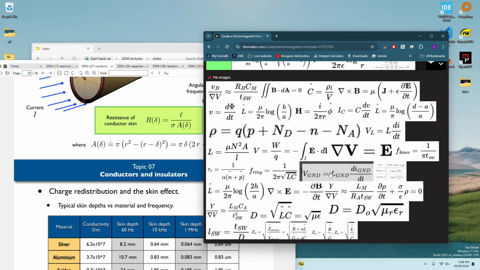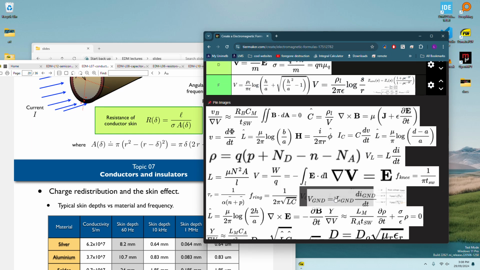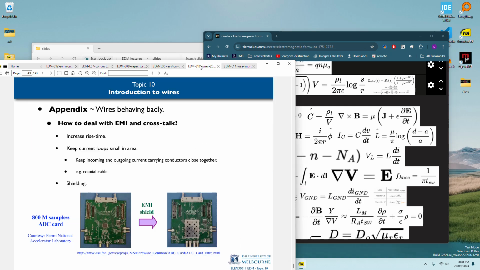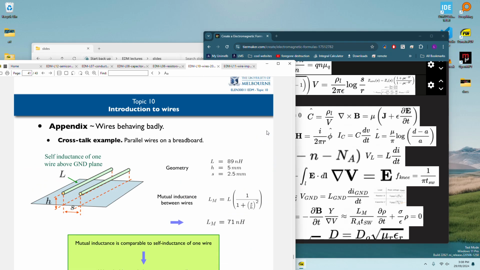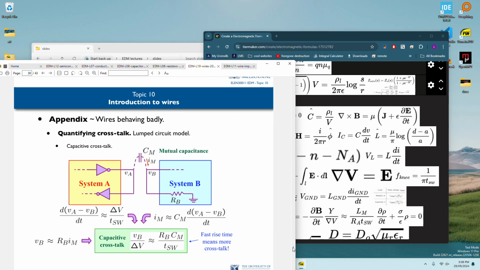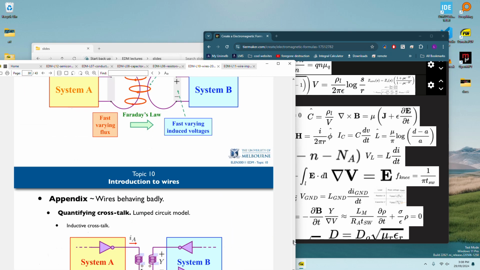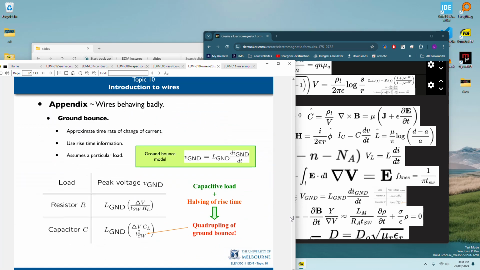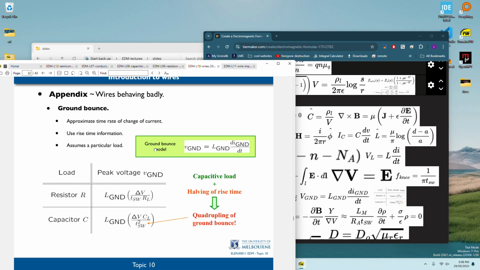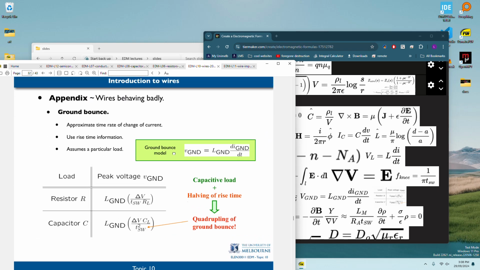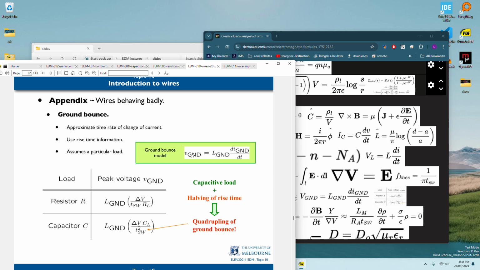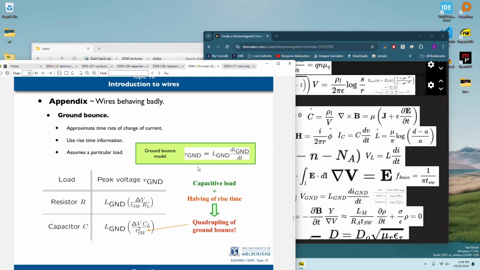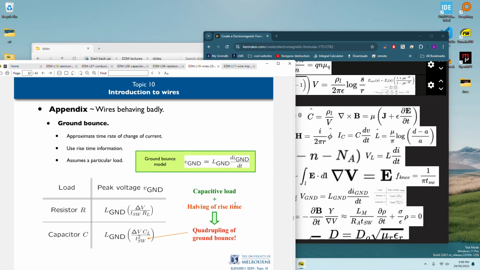Here we go. This is another wire one. Yeah, it's all about the ground bounce, because if you have a bad ground plane, sometimes a certain ground voltage will be different to another ground voltage.